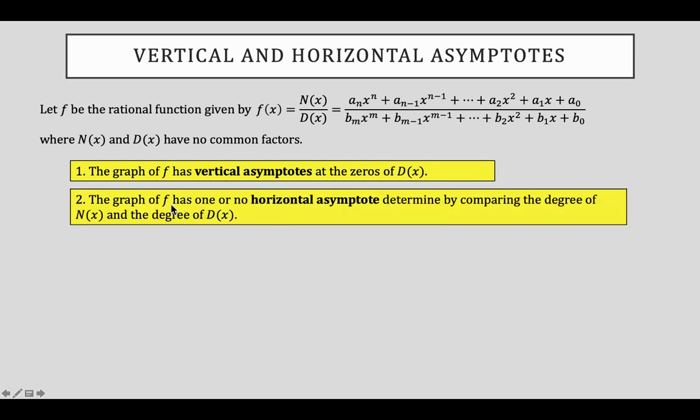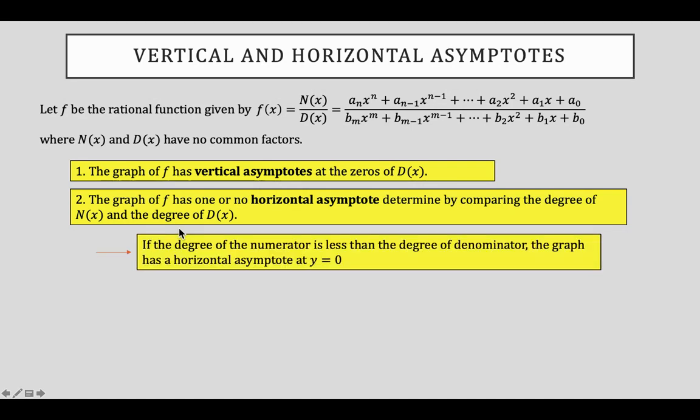The graph of f has one or no horizontal asymptote, determined by comparing the degree of the numerator and the degree of the denominator. N of x is the numerator, d of x is our denominator. There are going to be three different scenarios to look out for. Scenario number one, if the degree of the numerator is less than the degree of the denominator, the graph has a horizontal asymptote at y equals 0.